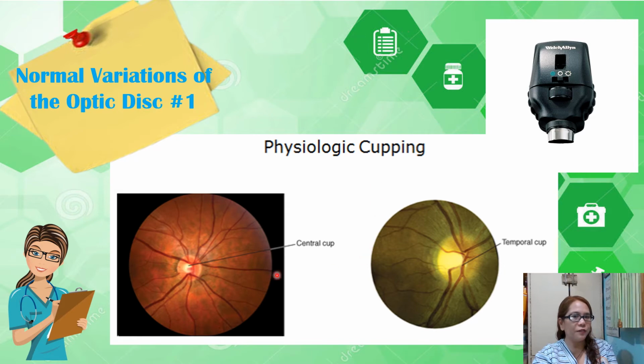Usually the findings, yung disc, yung kanyang margin is somewhat blurred, so that's just normal. The color of the disc is usually yellowish to orange or creamy pink.